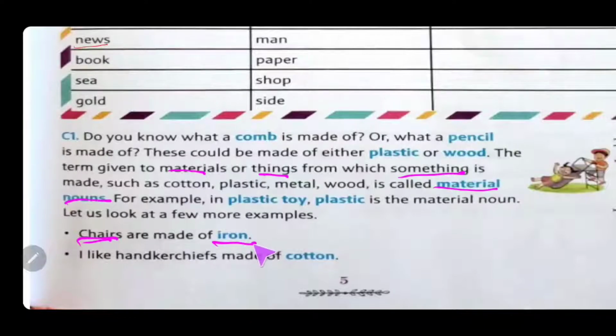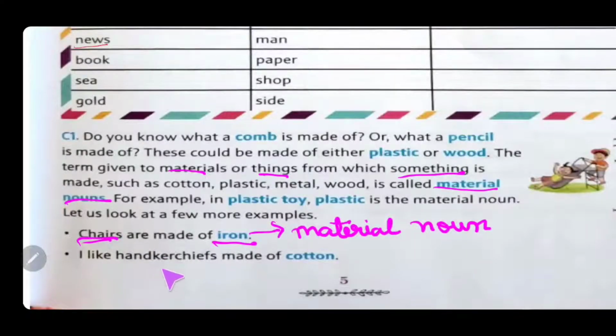Iron is a material noun. Why? Because it is a material from which something like a chair is made. M-A-T-E-R-I-A-L, material. N-O-U-N, noun. So iron is a material noun.